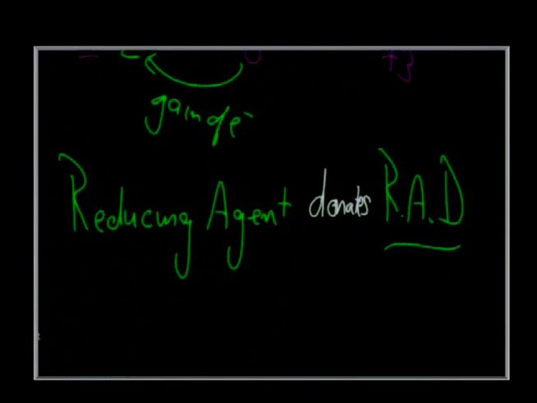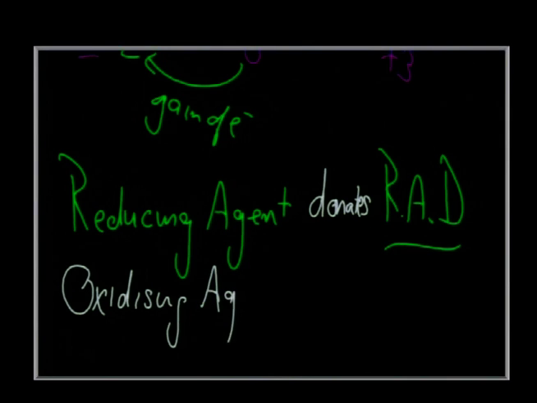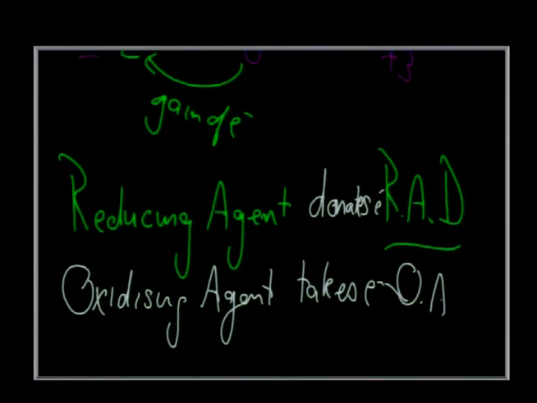The way to remember it: oxidizing agent takes electrons. We know this is electrons in both cases, so I remember it by making the word OAT. So reducing agent donates, oxidizing agent takes, and we've got it all sorted out.